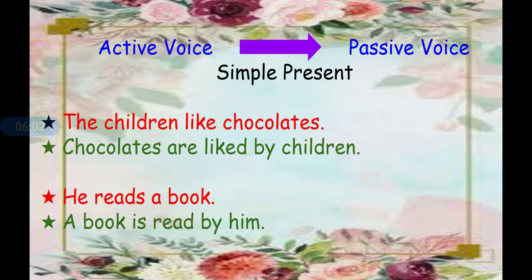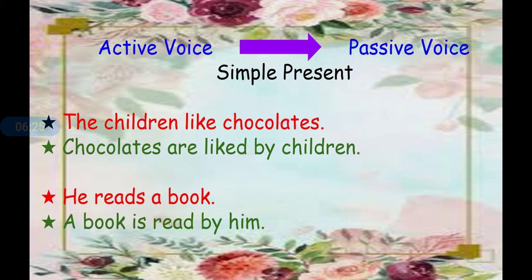Let's know how to convert active voice into passive voice when a sentence is there in the simple present tense. The children like chocolates. Here, the subject is the children and object is chocolates. And we have to make chocolates as subject in the passive voice.